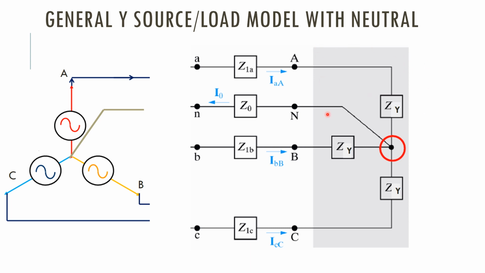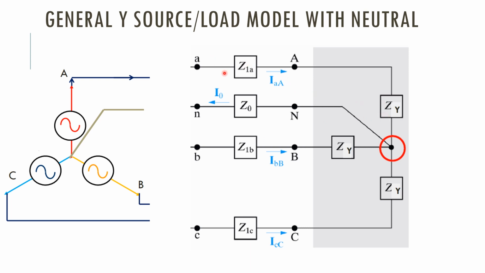This is actually a load, ZY, a balanced load, so it has the same impedance in each leg, right? The neutral point can be tapped from here, and this one is the line impedance, which is in series with the load impedance, right?